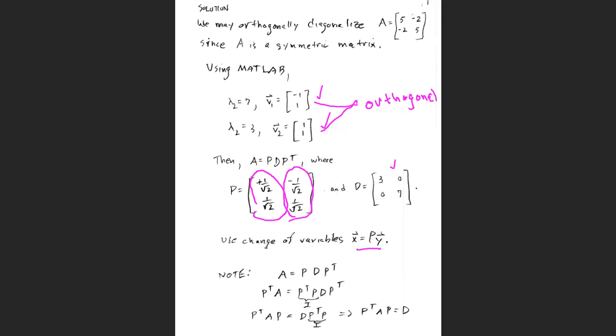Now we can make this change of variables since we know what matrix P is. And just a reminder that the matrix D is equal to P transpose times A times P.